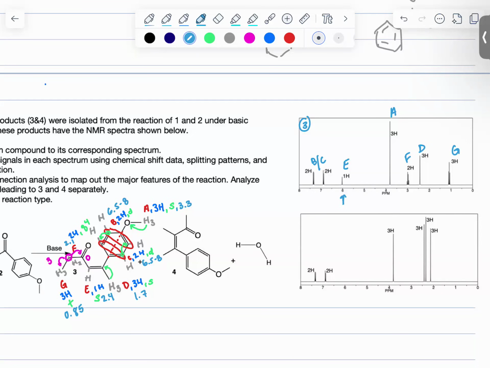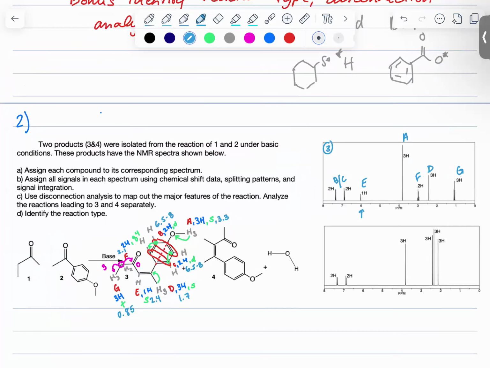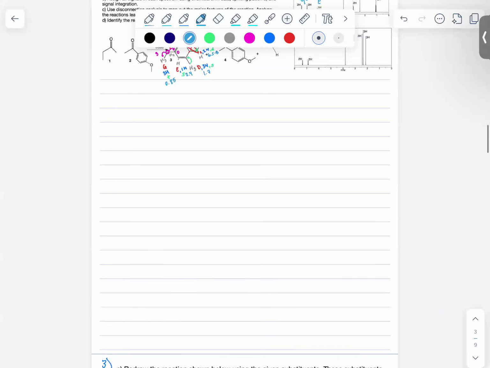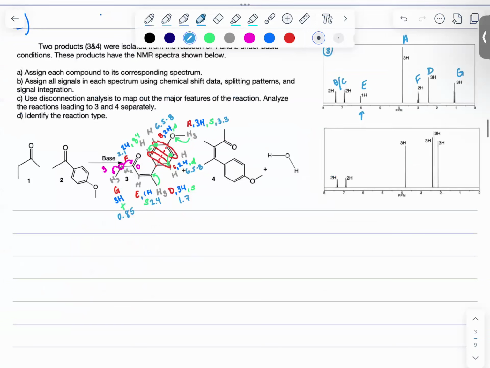Do we want to walk through this same process with compound 4? Or do you guys feel like you got it? Yeah? Okay. So, oh wait. So now, what reaction type is this?